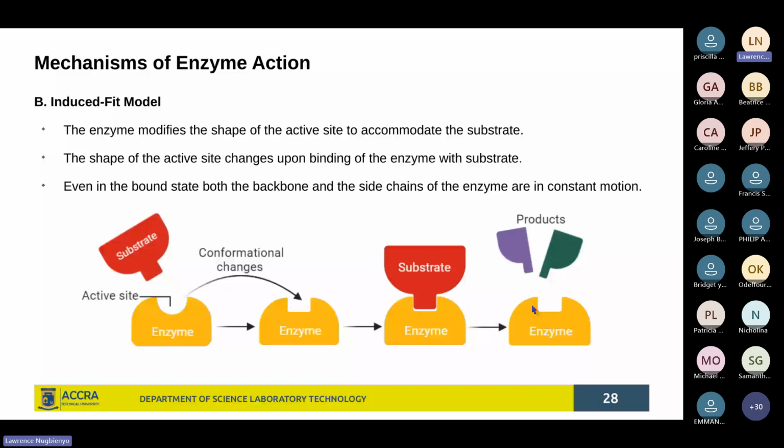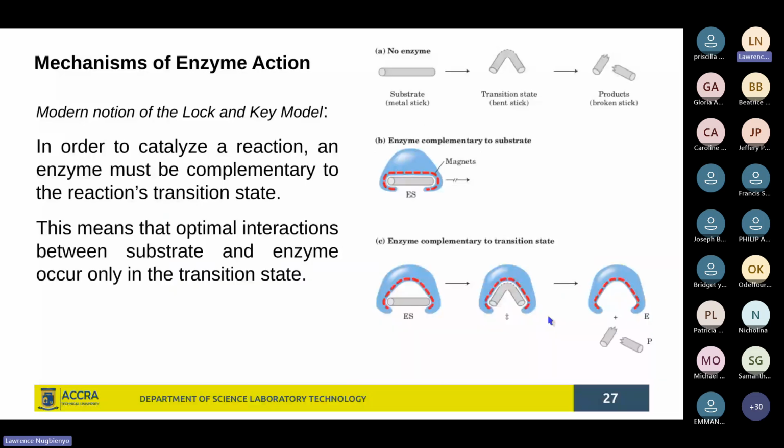So you have this induced fit model, which is similar to what I was explaining earlier with the lock and key model, except that there it is the substrate which is being configured to fit the active site of the enzyme.